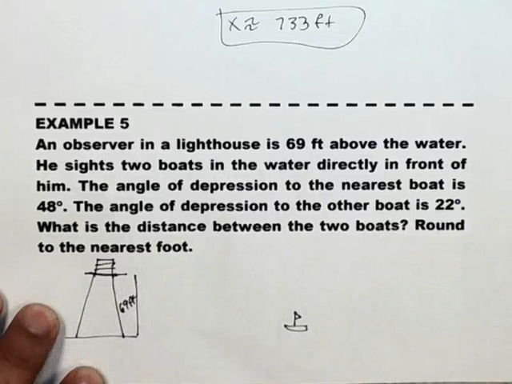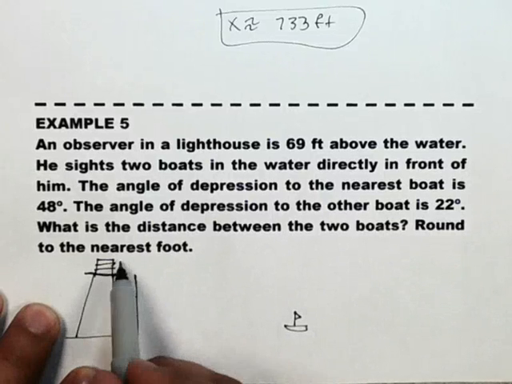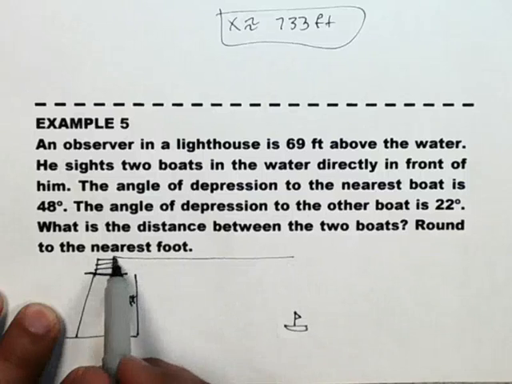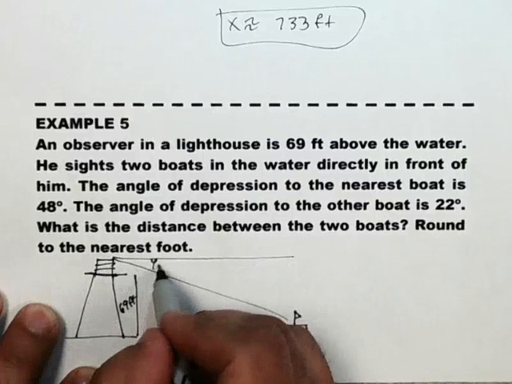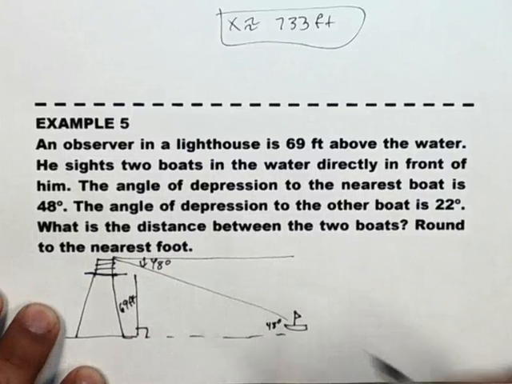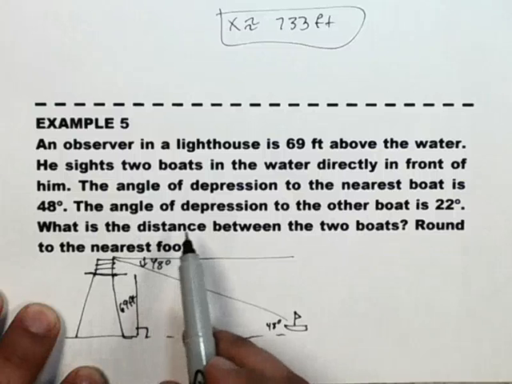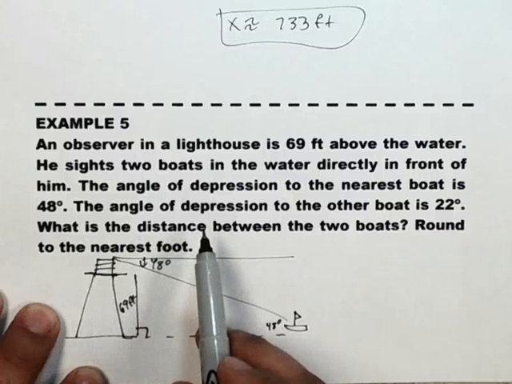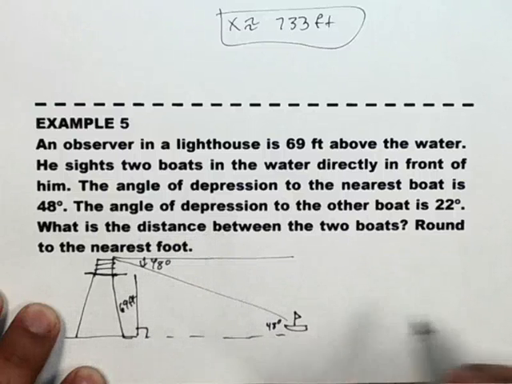Don't judge my boats. So here's my normal line of sight. I'm looking down 48 degrees. So if we make this a straight line, this is my 90-degree angle. This is 48 degrees. All right. Then there's another boat out here.